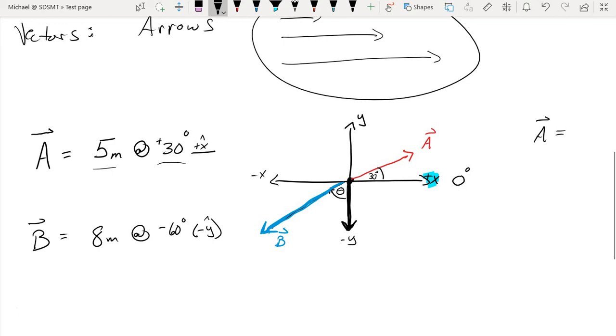And you might be saying to yourself, well, I thought that's how all vectors were supposed to be defined. They have to have a magnitude and an angle. And they do, but that's not the only way that we can describe a vector.